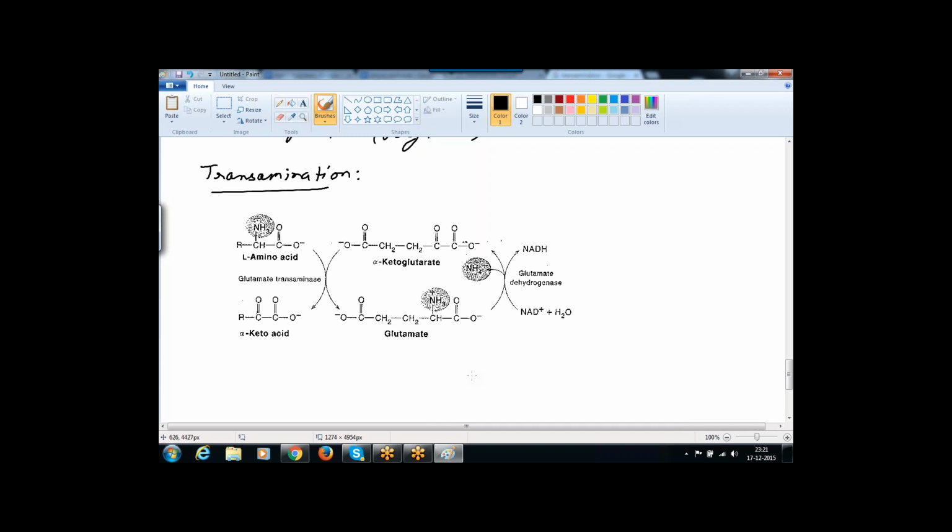Only in the liver can it be removed and converted into urea. So you can write in your notes: in all tissues, transfer of the amino group takes place from amino acid to some other compound. Only in the liver can the amino group be removed and converted into urea.